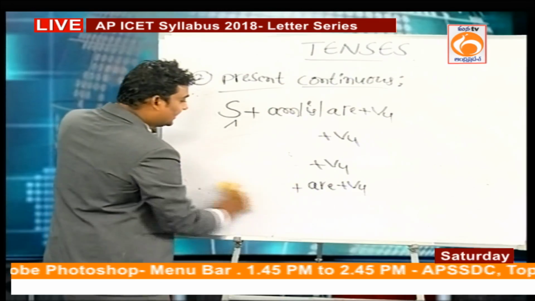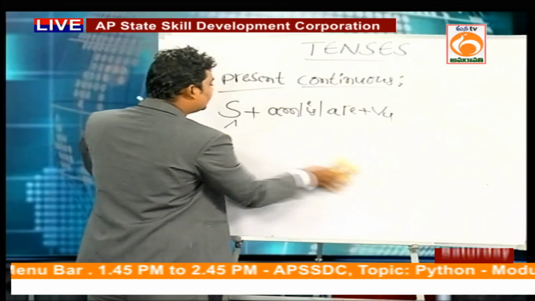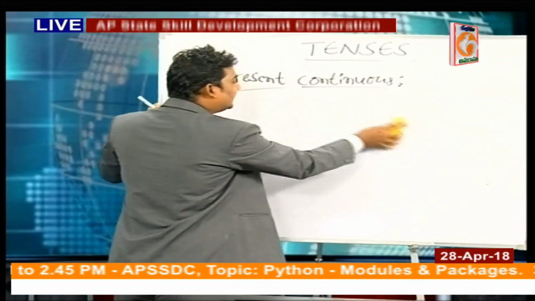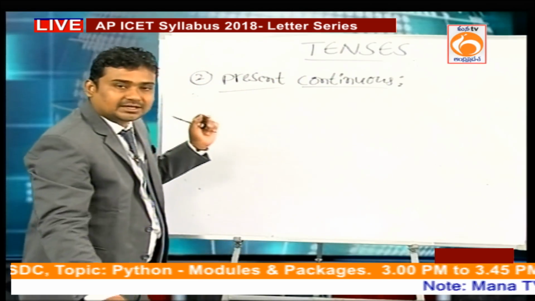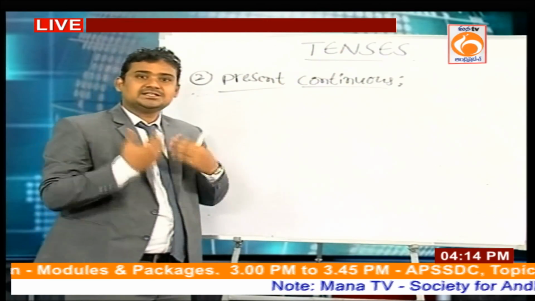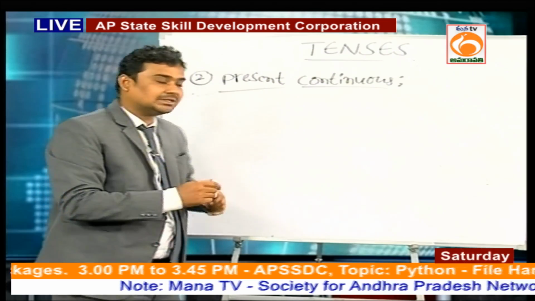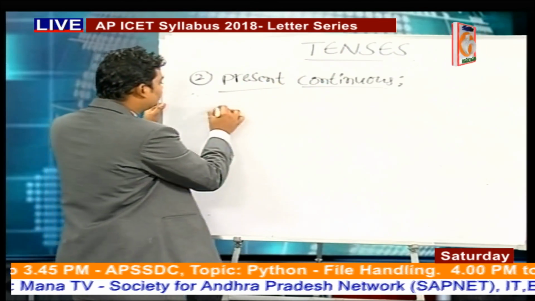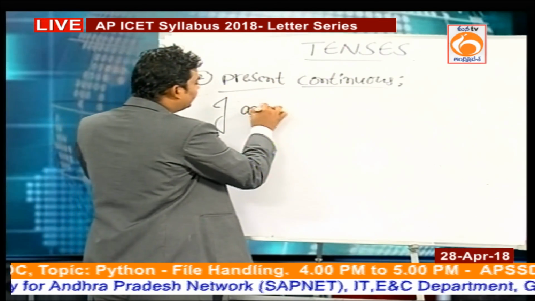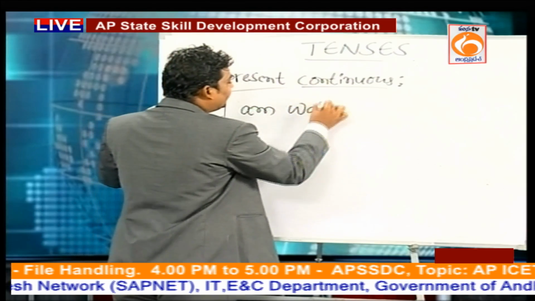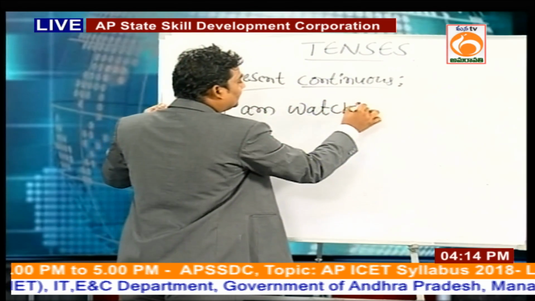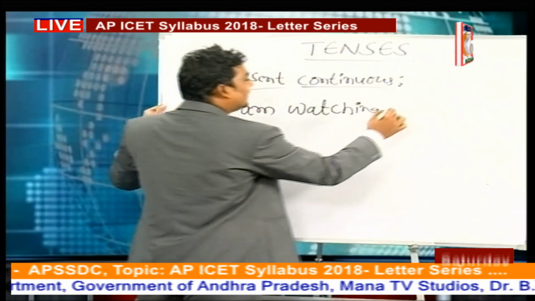You know guys, what is the structure form of present continuous tense? Subject plus am, is, or are plus V4. What is present continuous tense? When an action is going on at the time of speaking. For example, I am watching television.